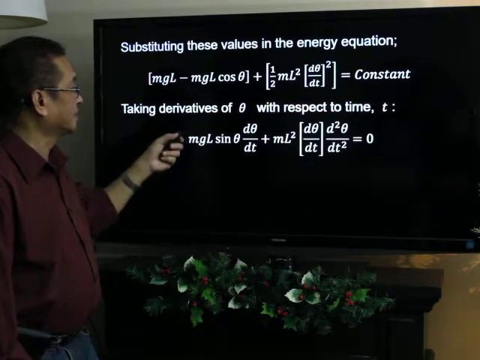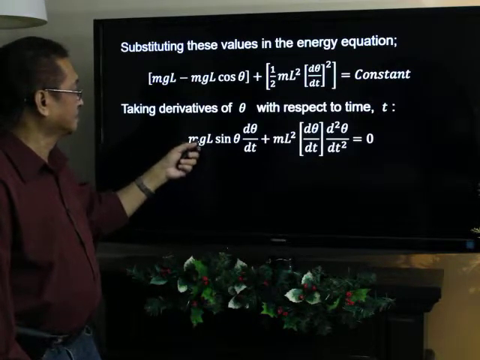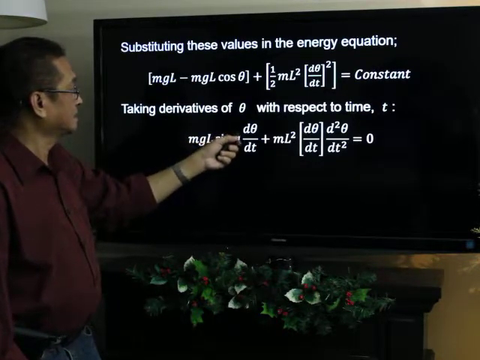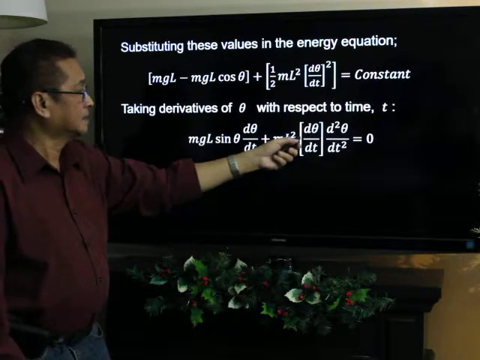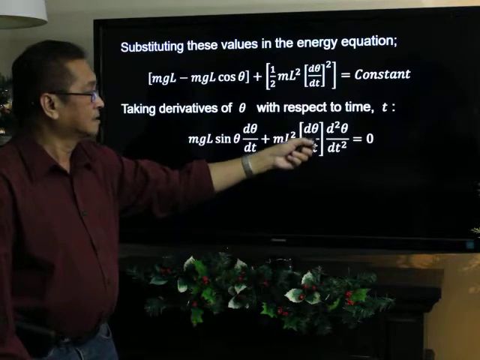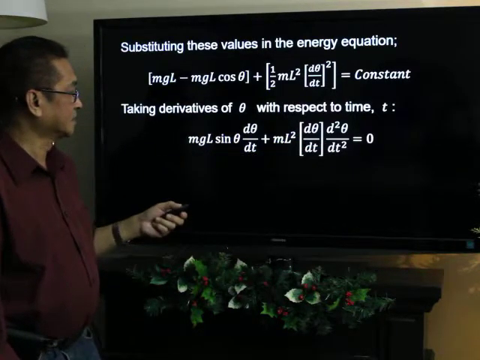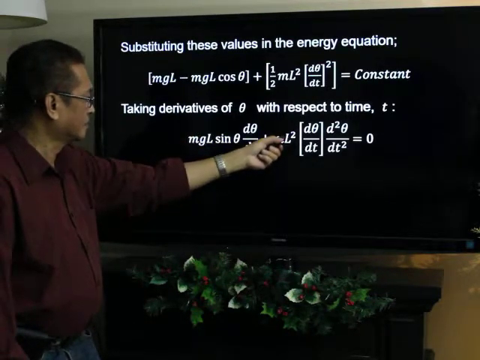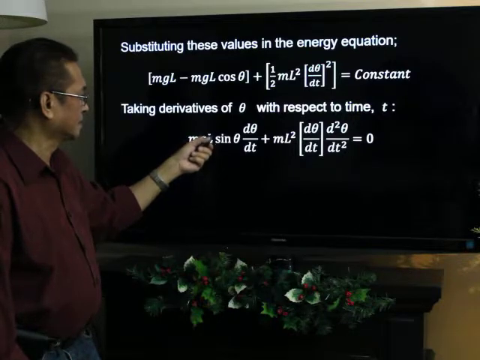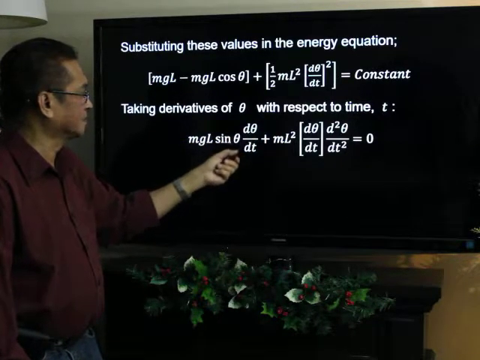And taking the derivatives with respect to time t, we have mgL sine theta d theta over dt plus mL squared d theta over dt times the second derivative of theta with respect to time is equal to 0. So this can be simplified by removing the mass, one L, and the first derivative of theta with respect to time.